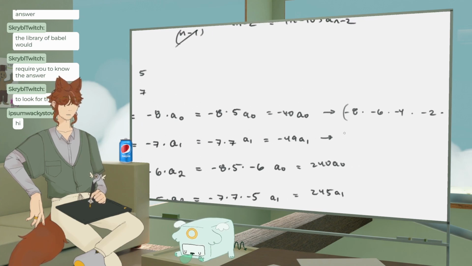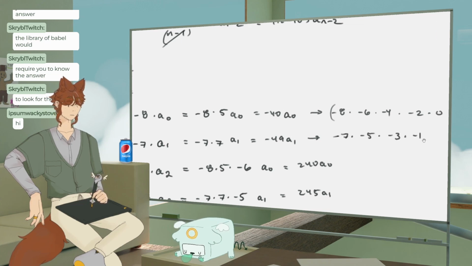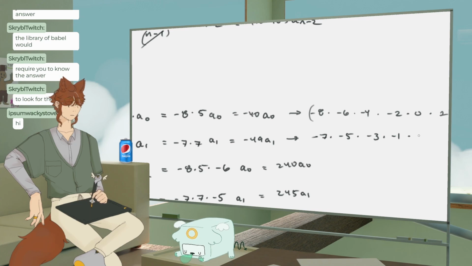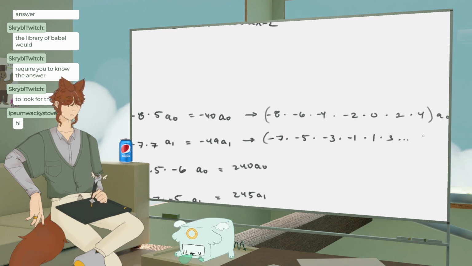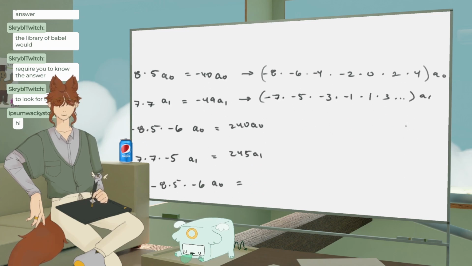And then this will be negative 7. Negative 5 times negative 3 times negative 1 times 1 times 3. I guess. That's a pattern.